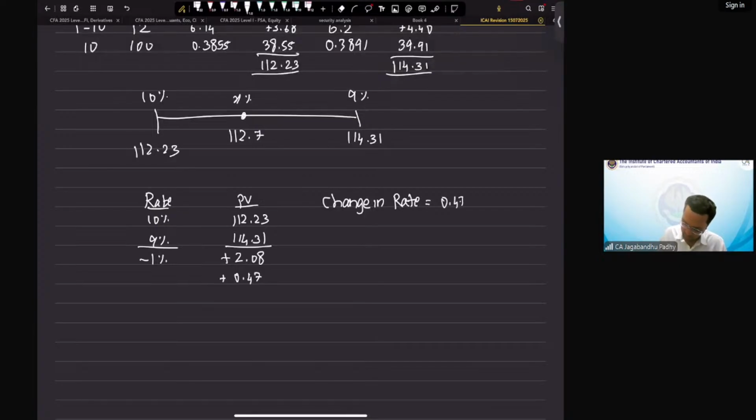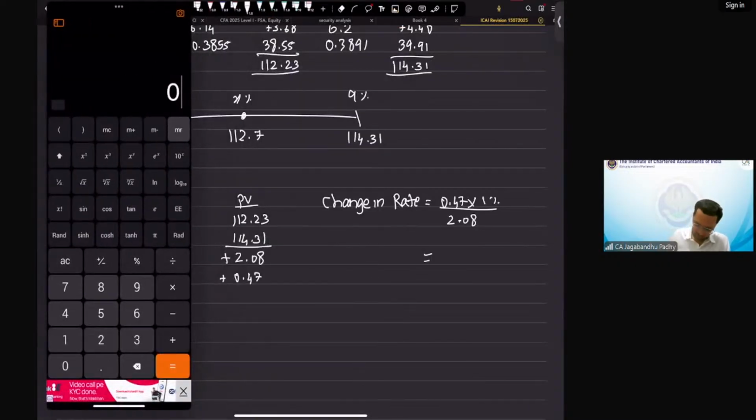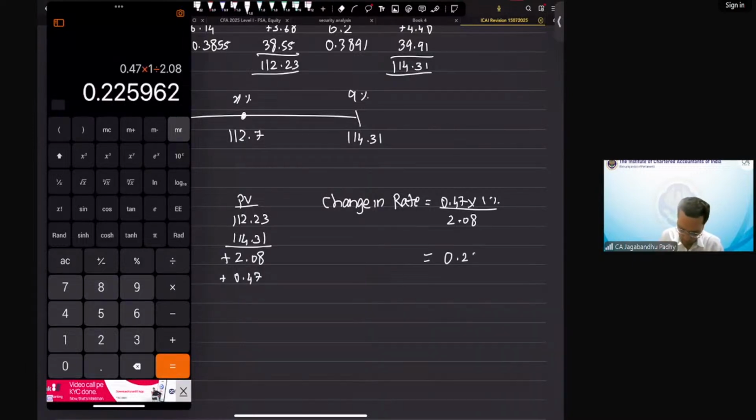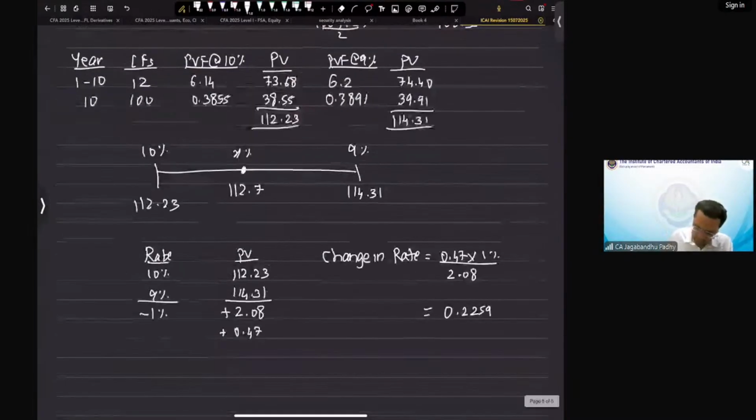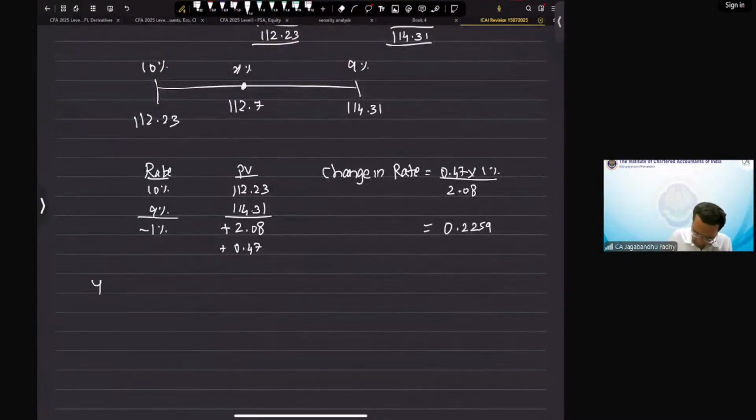That's 0.47 into 1% divided by 2.08. This is 0.47 into 1 divided by 2.08 is 0.2259. So what is the YTM that we have?